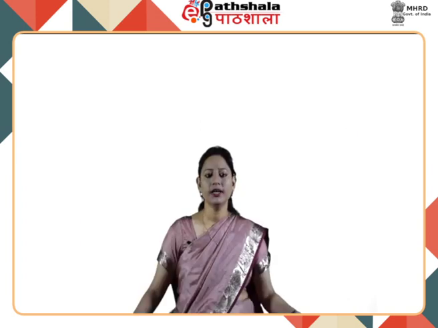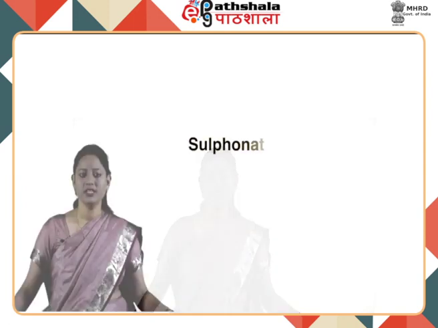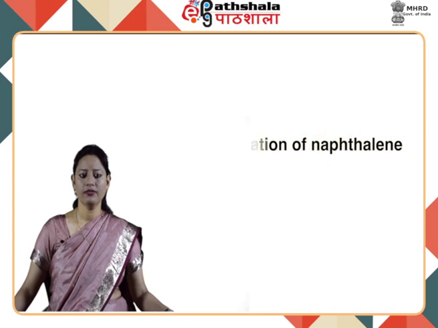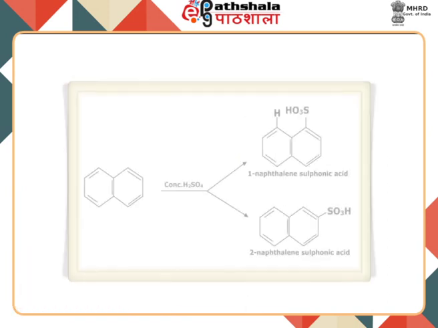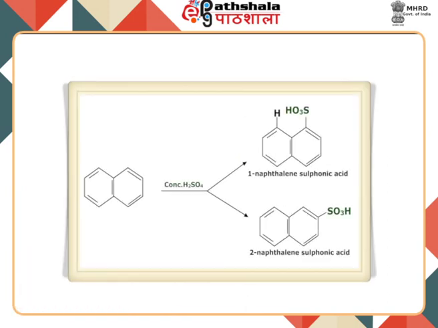Now let us see another example which involves formation of both kinetic and thermodynamic products. It is the sulfonation of naphthalene. Naphthalene on sulfonation with concentrated sulfuric acid gives 1-naphthalene sulfonic acid and 2-naphthalene sulfonic acid under different conditions.